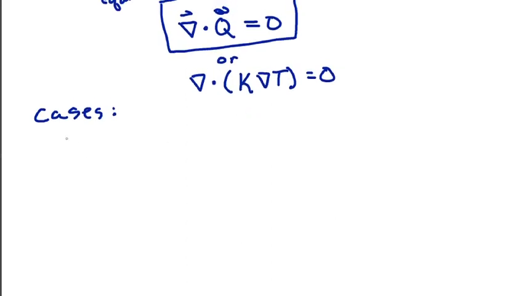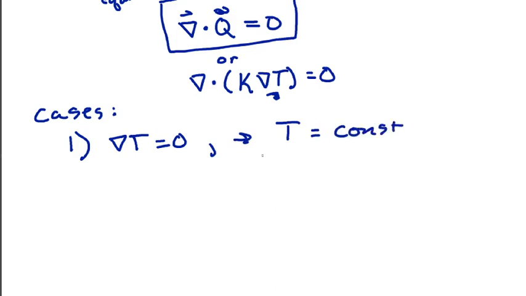Well, a first simple case is to just say that the gradient of T is equal to 0. If the gradient of T is equal to 0, then anything times it is equal to 0, and the divergence of that is equal to 0. So if the gradient of T is equal to 0, we have a thermal equilibrium solution. This, of course, implies that if there's no gradient of T, T is constant.